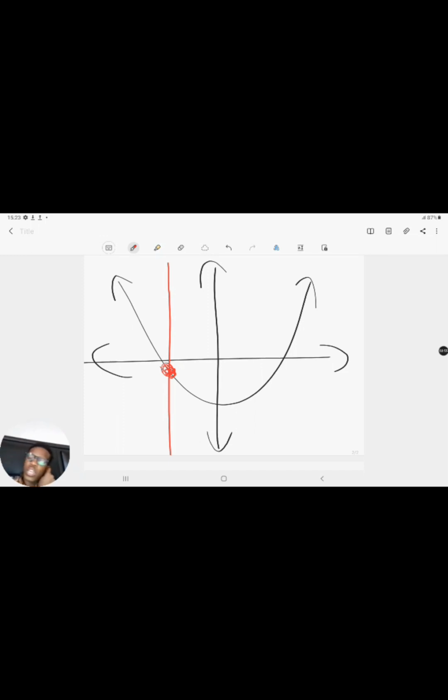That's how you are able to tell if a graph is a function or not. If I draw a vertical line at that point, the only intersection is at that point. So I must have only one intersection between the vertical line and my graph. That tells me that I have one y value that corresponds to that point.